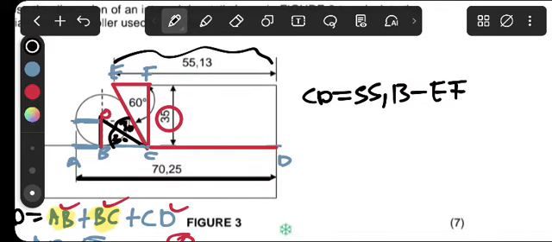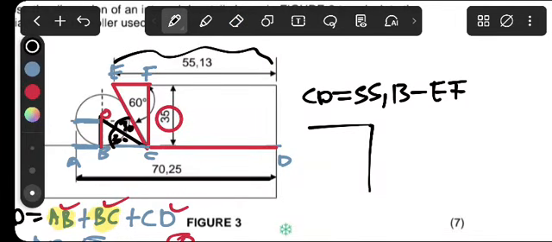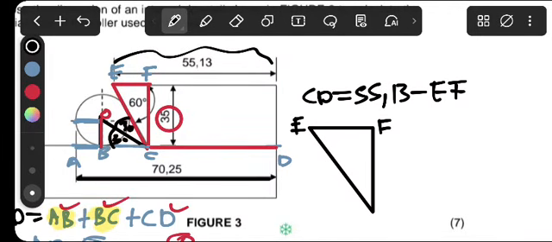It's our triangle. Here we have EF, here we have 60 degrees, and here is 35, the distance there. All right, we want EF.